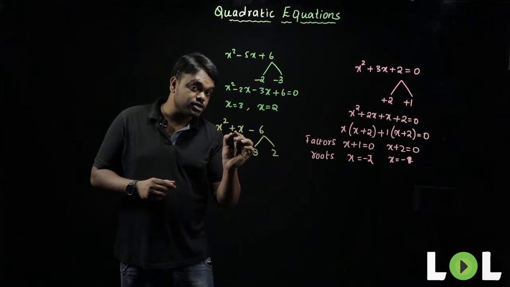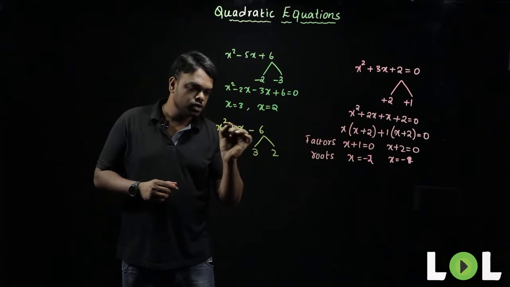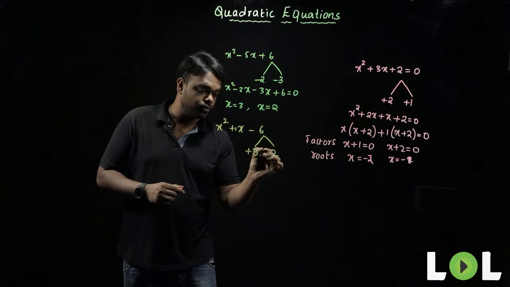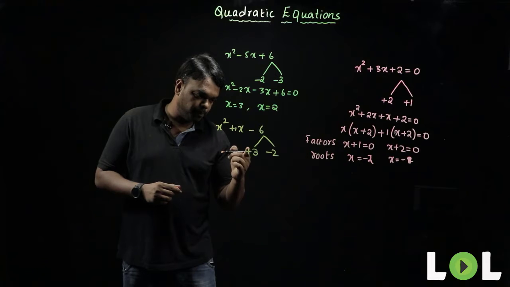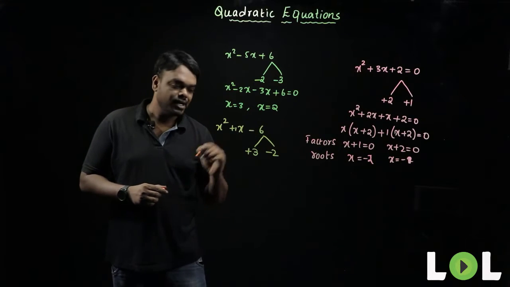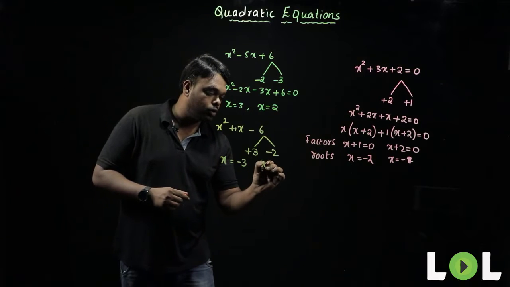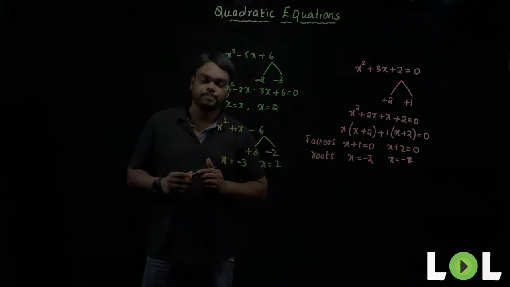Now here the sum has to be plus 1. There is nothing beside x, it is nothing but 1x. So I will take this as positive, this as negative. Plus 3 minus 2, sum is plus 1, and product plus into minus is minus. What will be the roots? x equal to minus 3, x equal to 2. Right? So these are our roots.